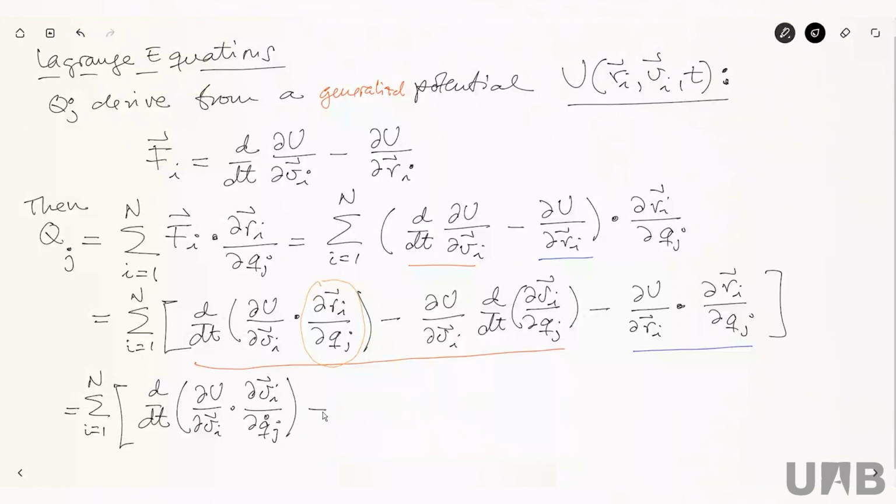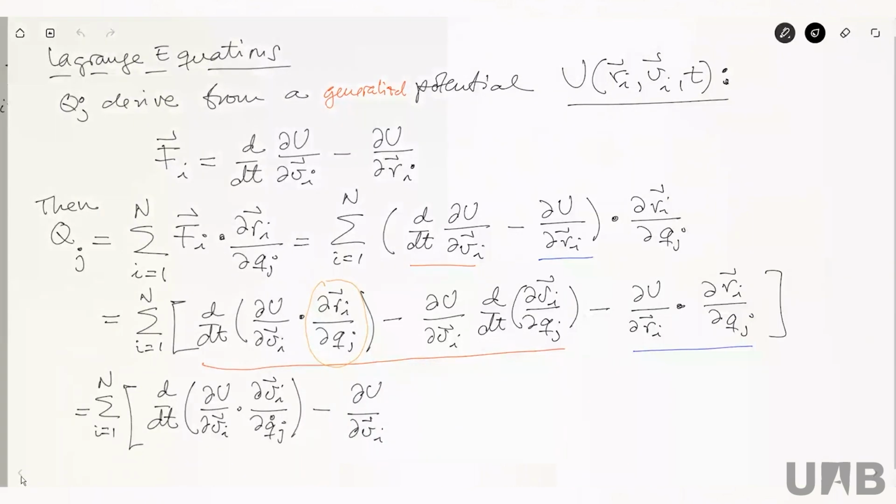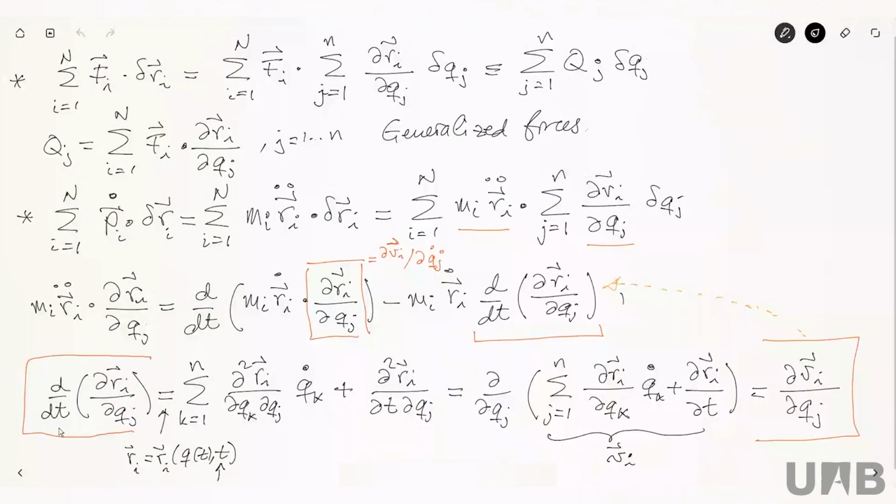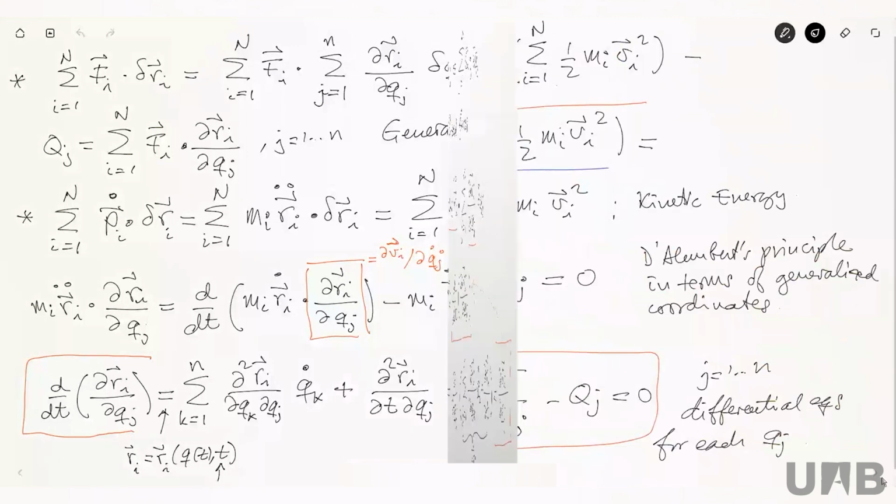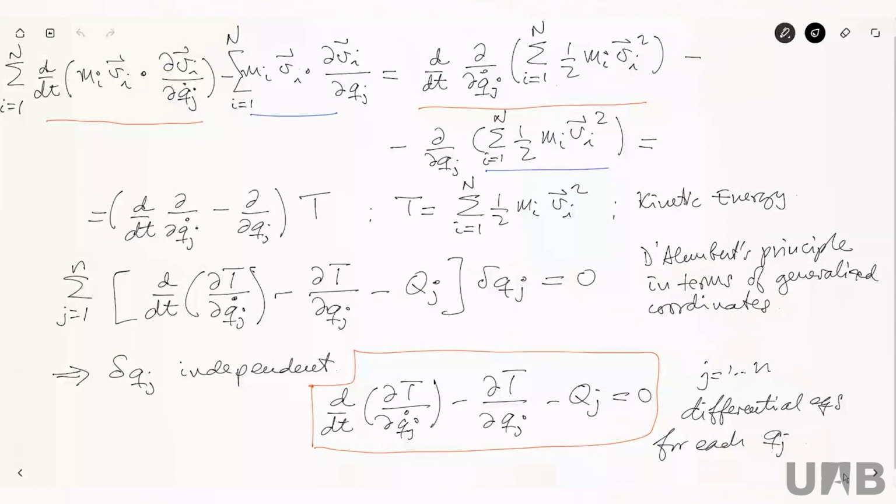Now, minus, what is this thing? This is dU/dVi, that's exactly this term. And then I have the derivative with respect to t of dV/dQ. That we also had before. Derivative with respect to t of, what is this thing? Wait a second, I lost it.